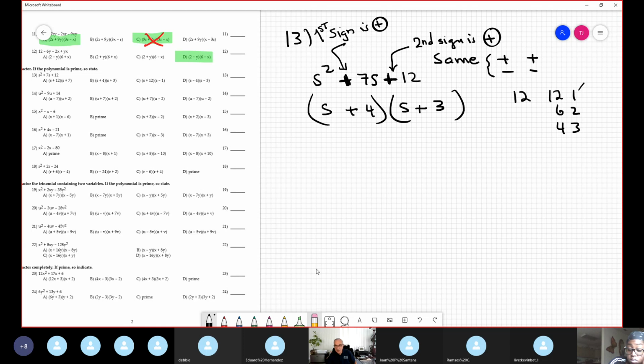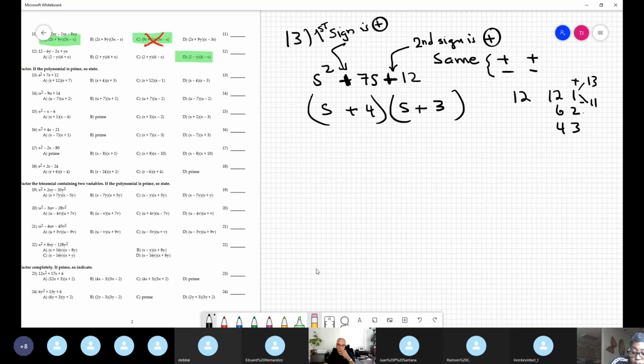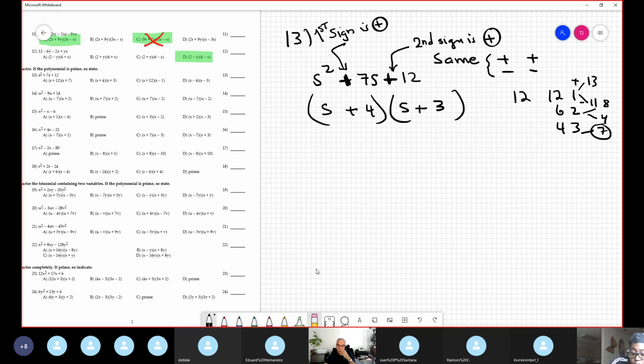When you add or subtract, with 12 and 1 you add to 13, subtract is 11. Doesn't work because my goal is 7. 6 and 2 doesn't work because it's 8 when you add, 4 when you subtract. No good. In this case, 4 and 3, when you add is 7. I got it. It's the combination 4 and 3.